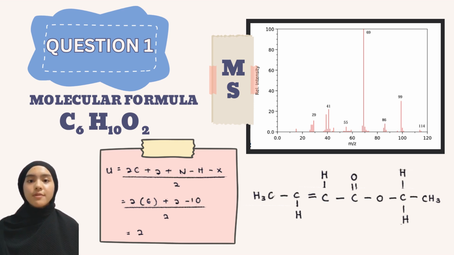By applying this formula, 2 is multiplied with the number of carbon plus 2, minus the number of stated hydrogen, which is 10. This will produce U with the value of 2, and the value stands for 2 double bonds, which will be presented in the molecular structure based on the molecular formula. This is the predicted molecular structure with 2 double bonds present.